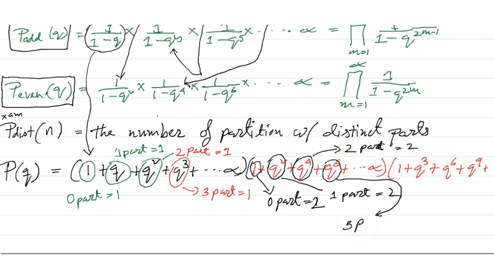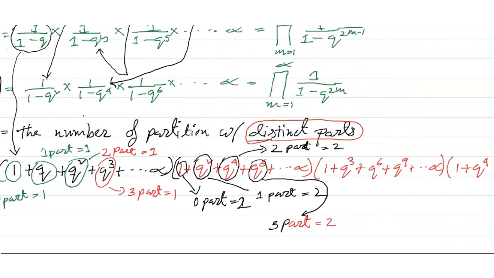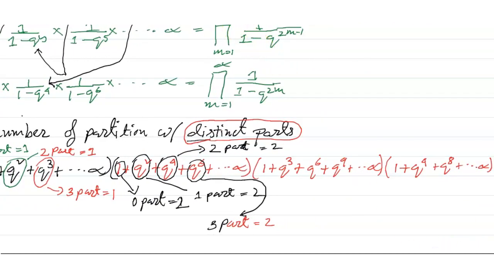So friends, my discussion is distinct part. I try to explain these portions. What is the distinct part? And 3 part equals to 2. Now let's move.